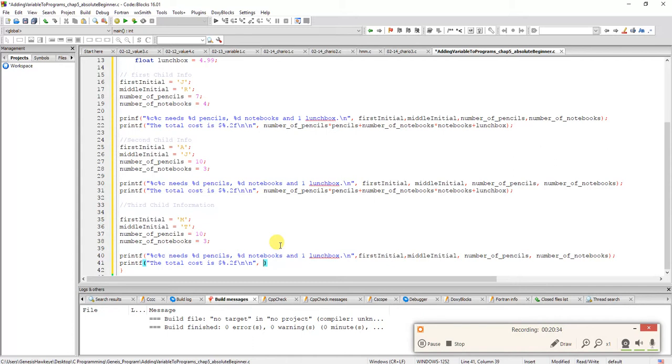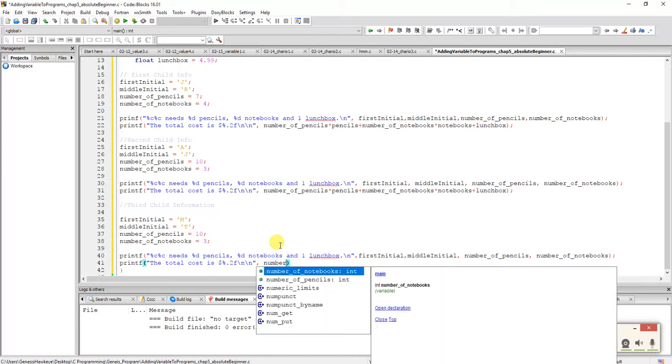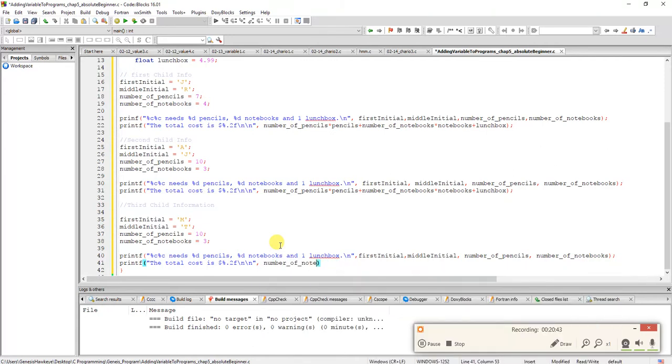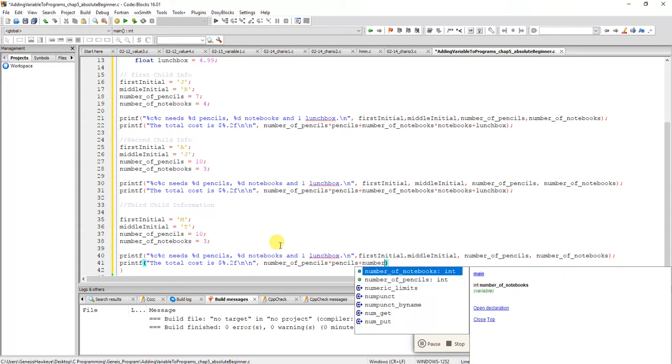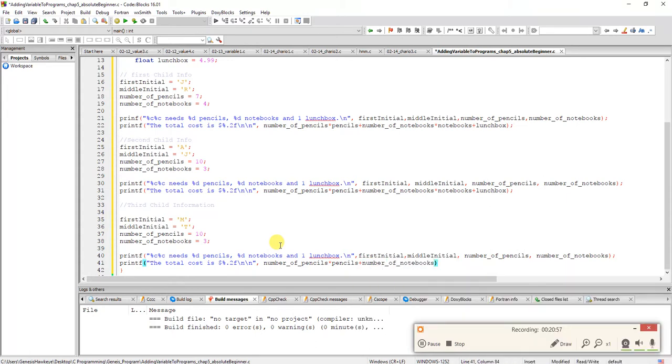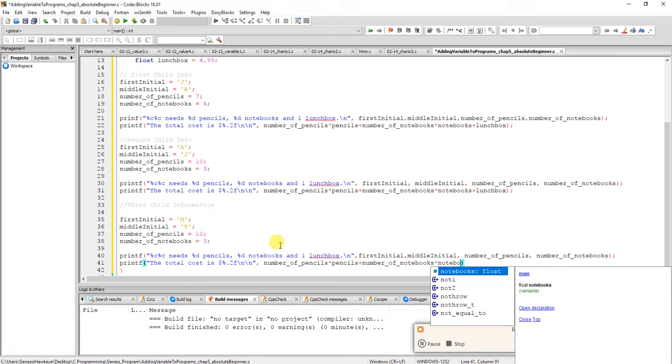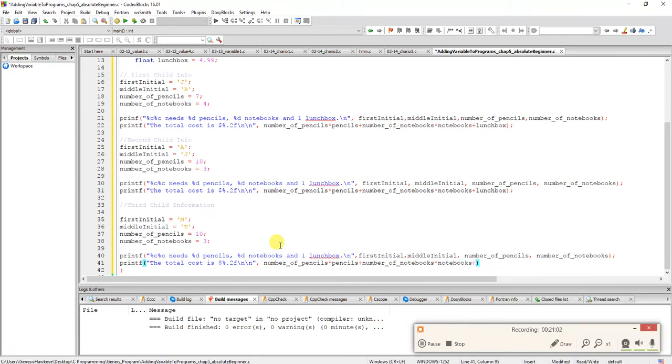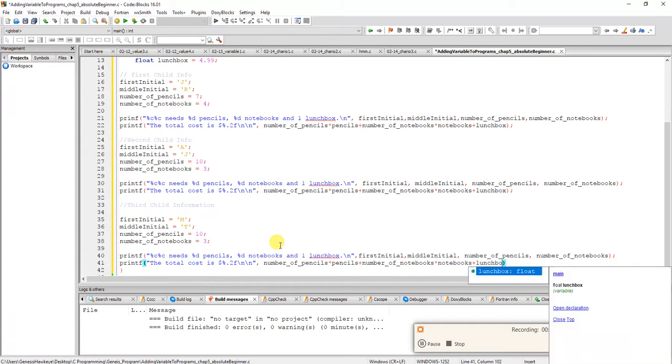So what we want to do is multiply the number of pencils times pencils, so floating point pencils, plus number of notebooks times notebooks, plus we're missing something called lunchbox, so plus lunchbox.